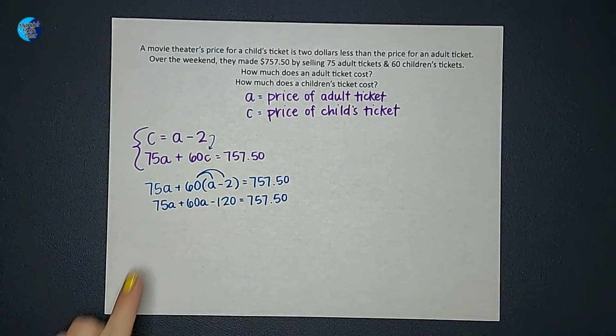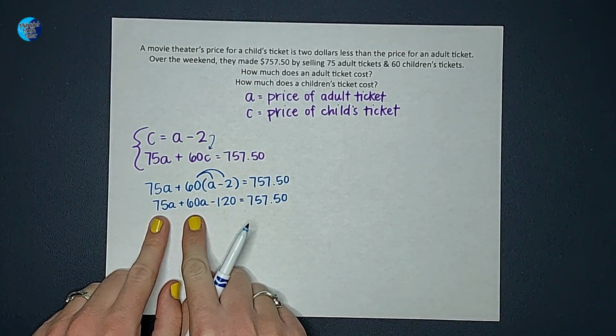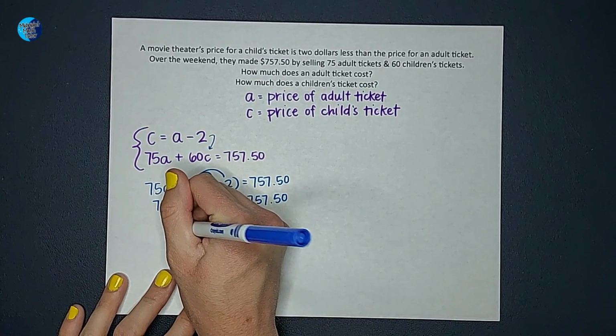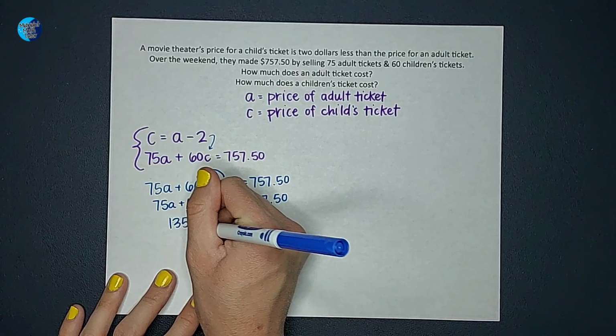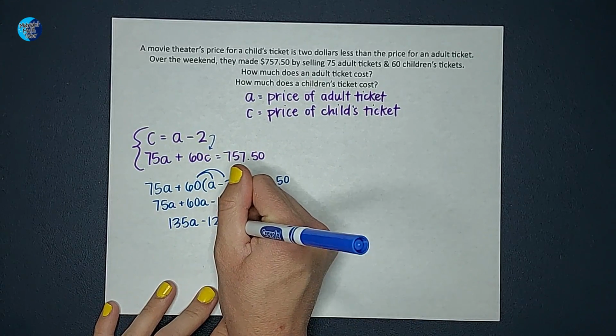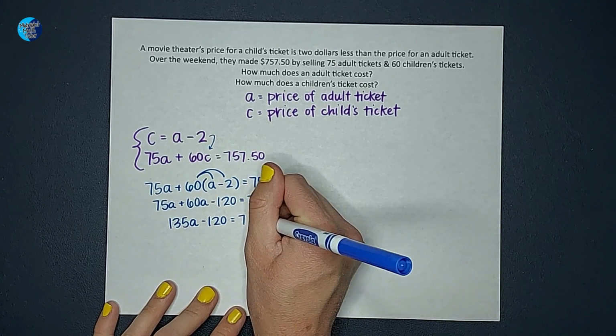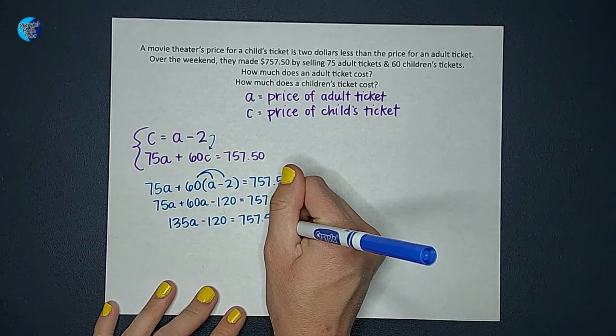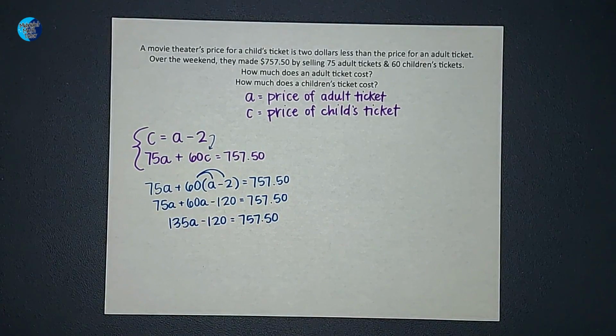All right, I'm going to combine like terms. So 75 plus 60 gives me 135A minus 120 equals 757.50.